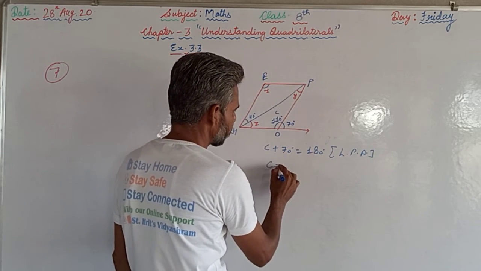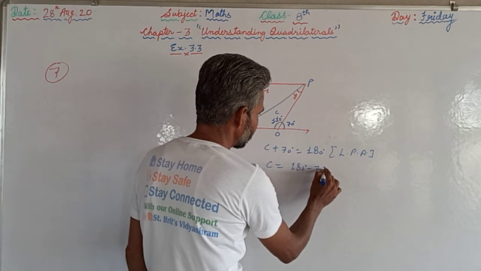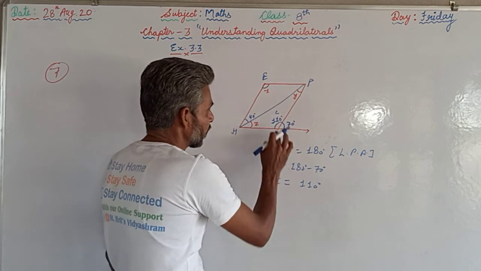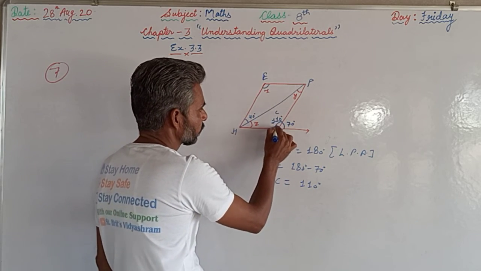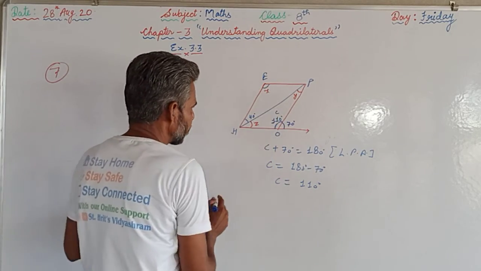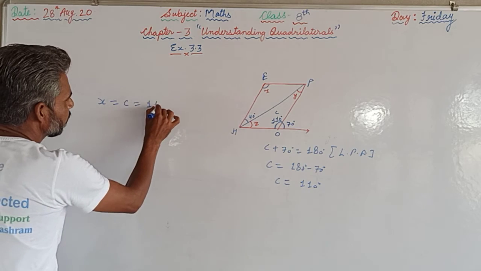From here C is equal to 180 degrees minus 70 degrees, so C will be 110 degrees. If C is 110 and this is a parallelogram HOPE, then X will be equal to C, that is 110 degrees.